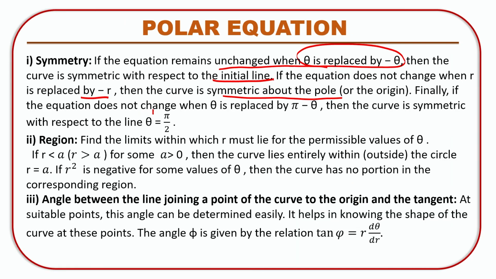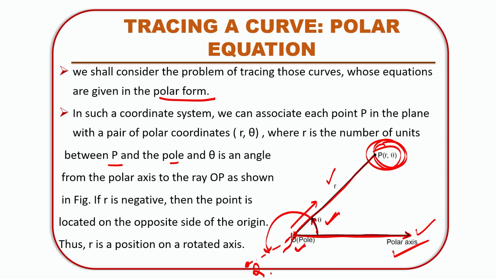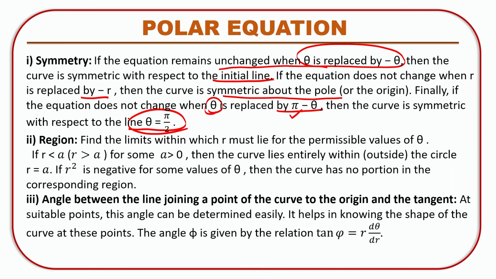Finally, if the equation does not change when theta is replaced by pi minus theta, then the curve is symmetrical with respect to the line theta equal to pi by 2. It is symmetrical about this line when we change theta to pi minus theta. So remember three things.